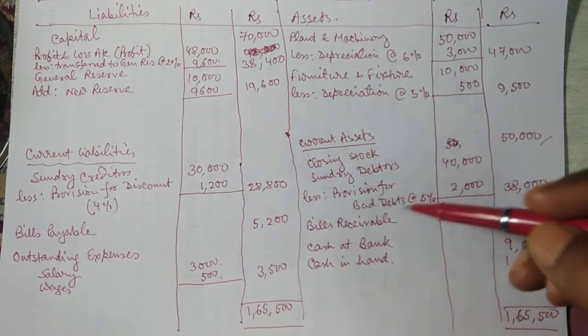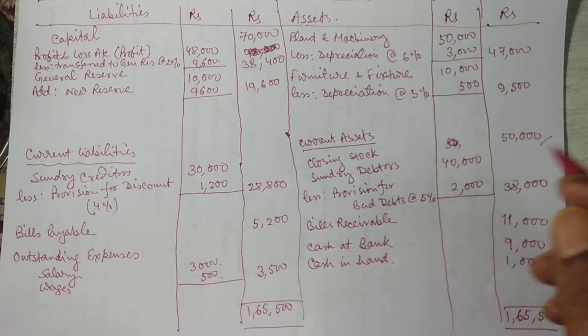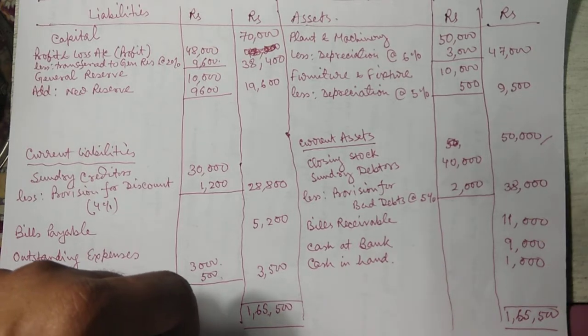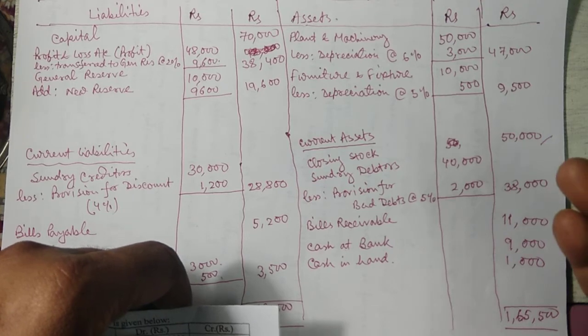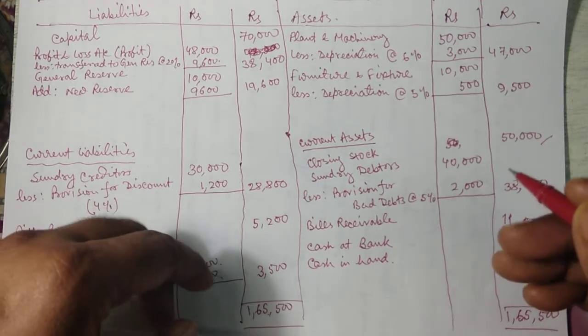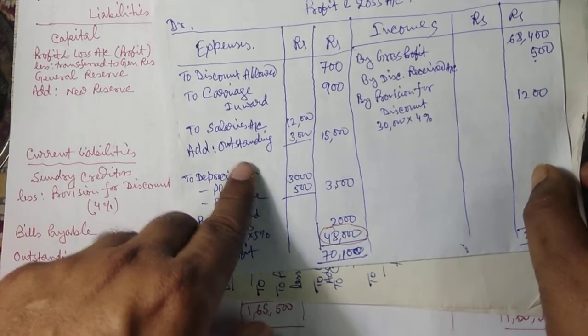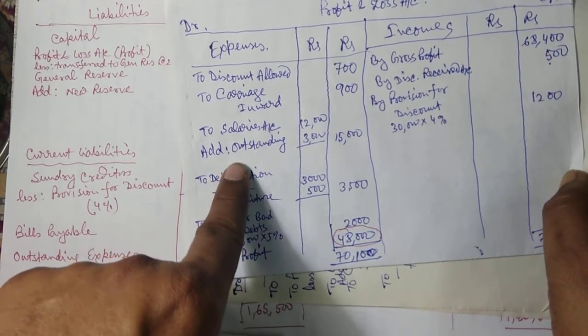For example, if there is any advance payment of rent, rent should be written in the profit and loss account as rent paid.